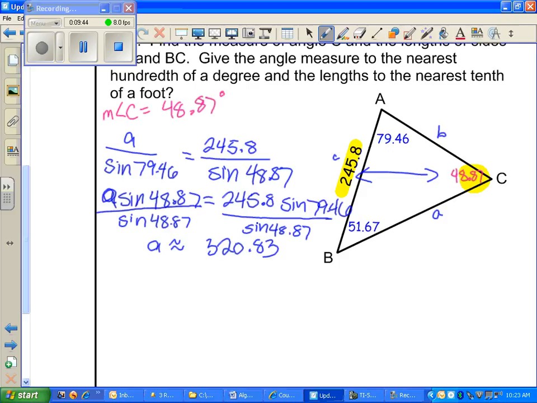Oh, good. They did want tenths place. Thank you, Megan. So A is 320.8. It's the second one of the answers that they wanted from us.